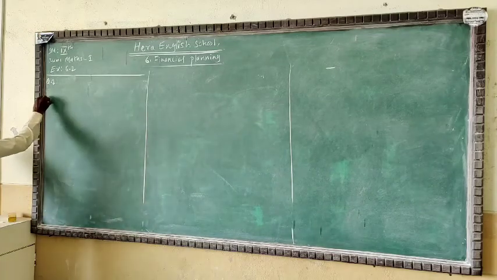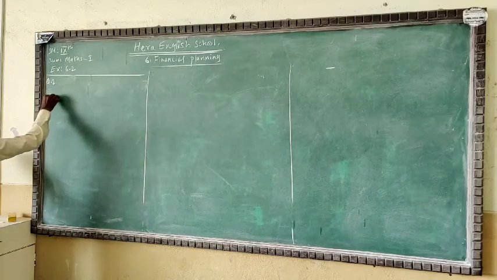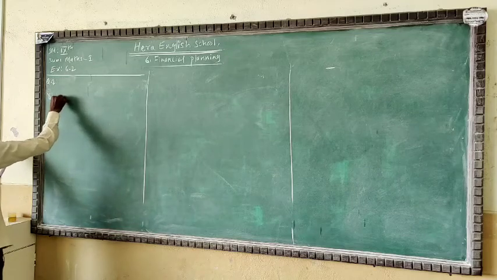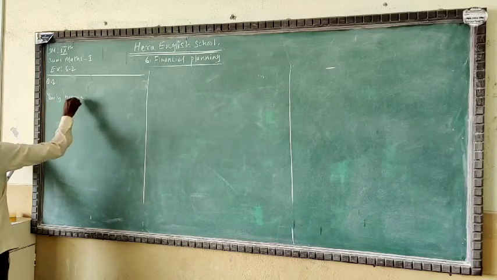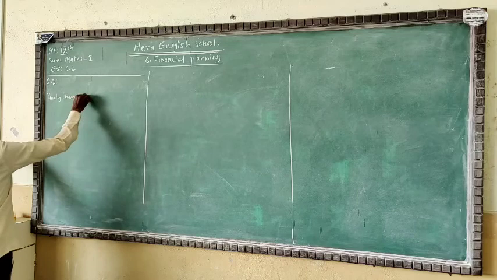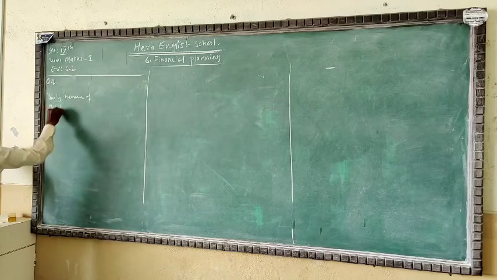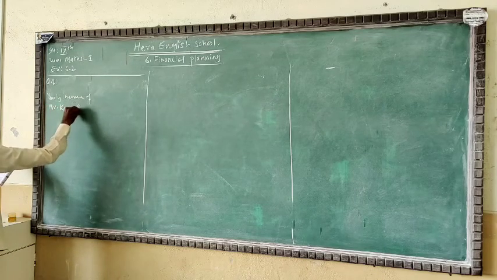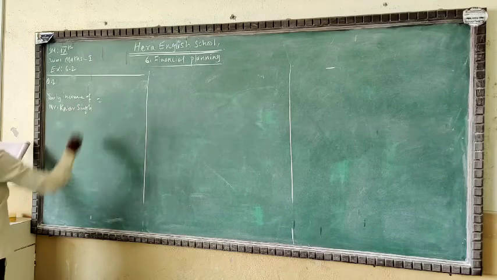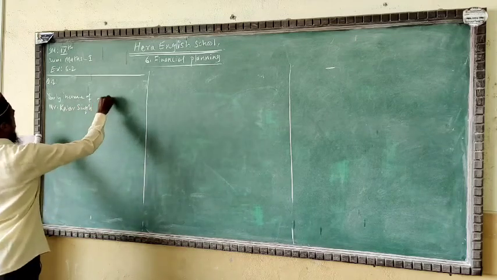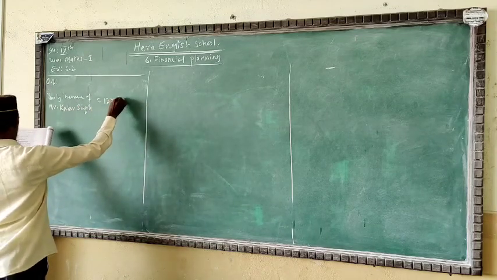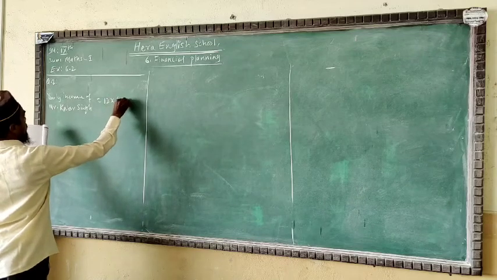So we'll write yearly income first. Yearly income of Mr. Katar Singh is equal to 12 months into salary. How much salary is there? 42,000.